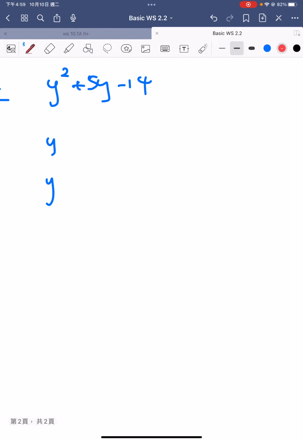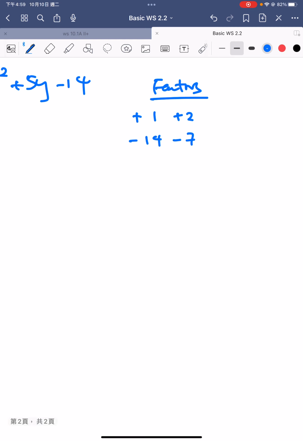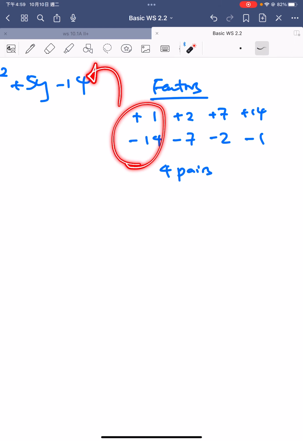We have factors like 1 and 14, but one can be positive, so if we have positive 1, then we take negative 14. Or we can have positive 2, negative 7, or positive 7 with negative 2, or positive 14 with negative 1. So we have four pairs of factors that times together give you negative 14.